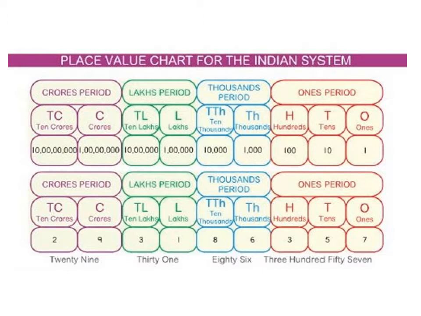And the last period, that is the crore period, 29, that will be 29 crores. So the number 29,31,86,357 will be read as 29 crores 31 lakh 86,357. So after this quick revision, let us work out some problems.